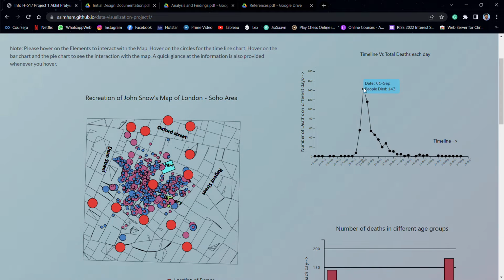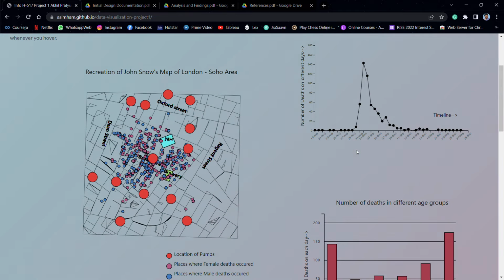I am hovering on this, and you can see there is an interaction between the line chart and the map. So these are the people who died on September 1st. 143 people died, and the number of deaths slowly climbed down and eventually became zero. So this basically tells us how the disease is spreading, maybe the incubation period of the disease or something like that.